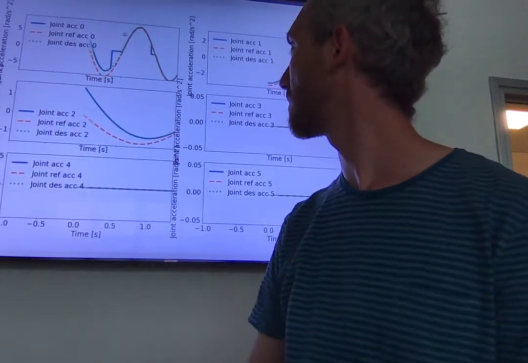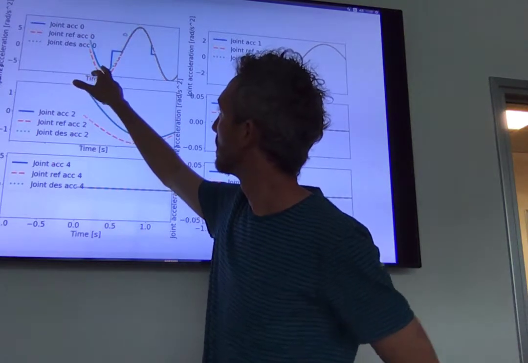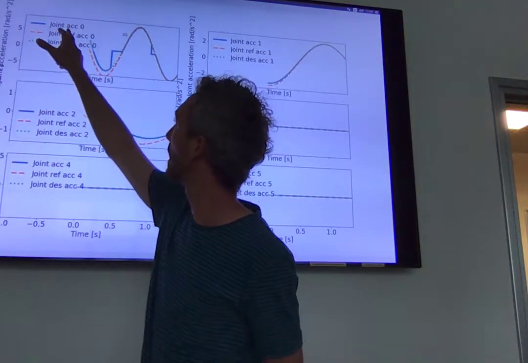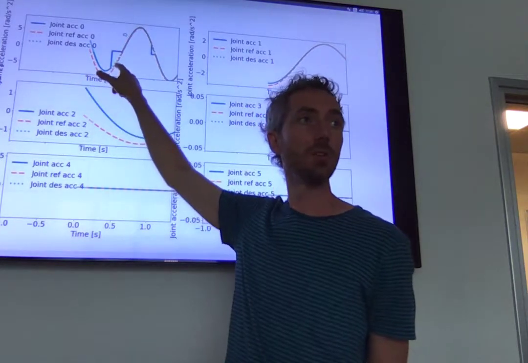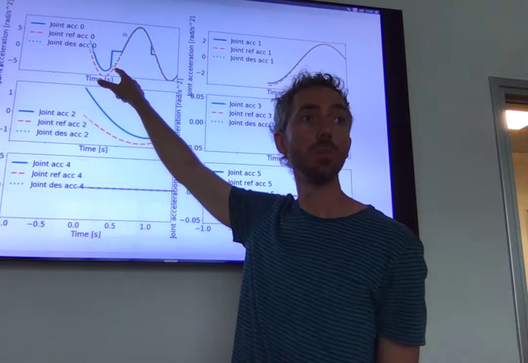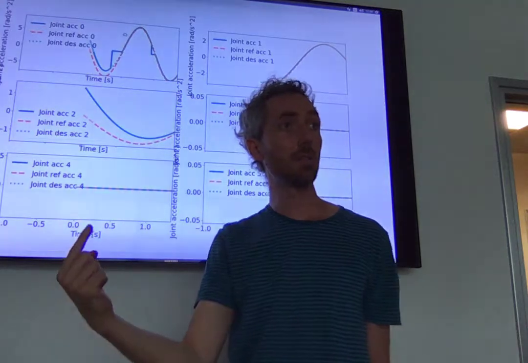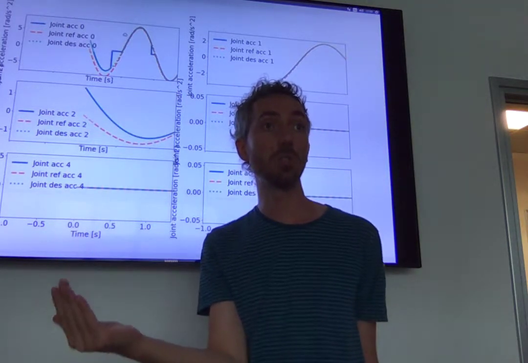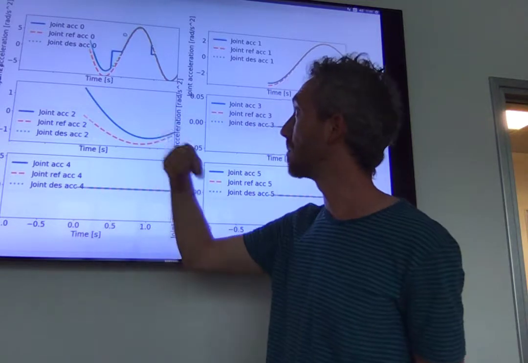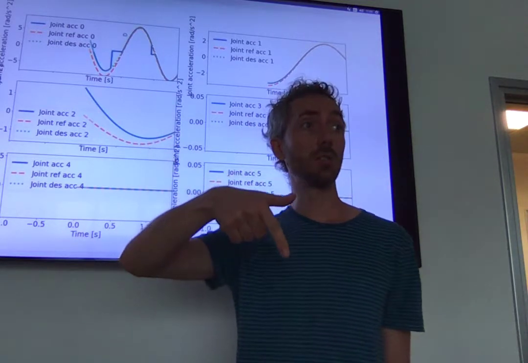Before, the desired and the real were always equal, right? Now that's no longer the case, because we have another task which is actually more important because it's a constraint in the optimization problem that may be in conflict with the desired acceleration.